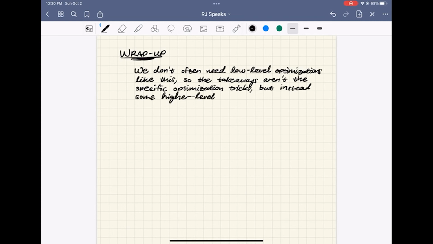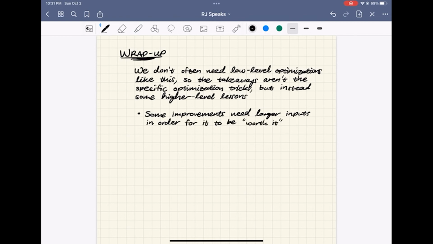So firstly, it's that some improvements need larger inputs in order for those improvements to be worth it. For us, that would be the example with the 1024 by 1024 versus 32 by 32 matrix, where we saw that the improvement was greater for the bigger matrix than the smaller matrix.